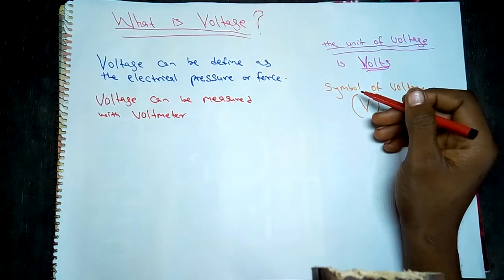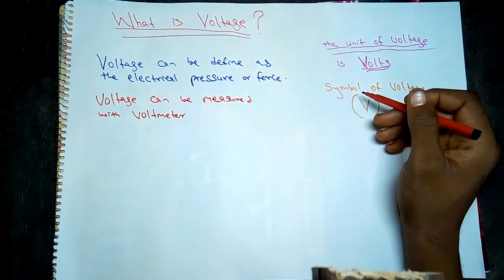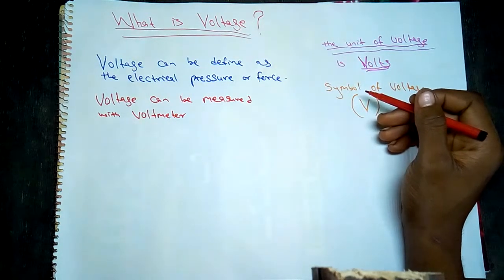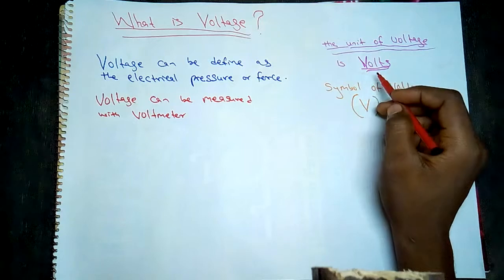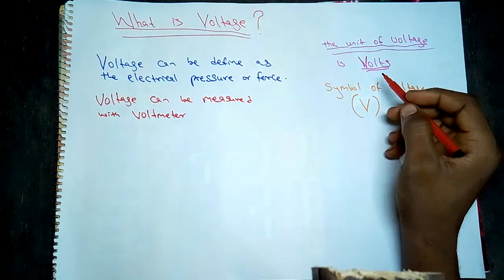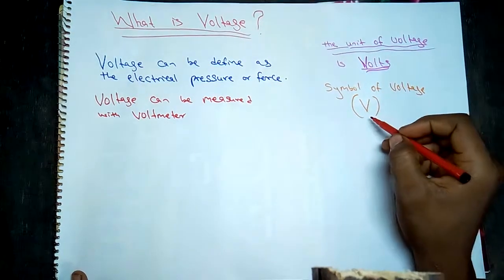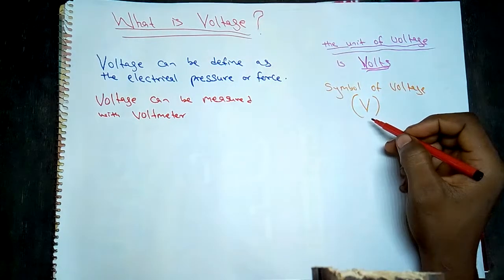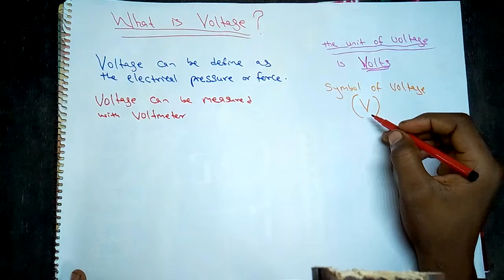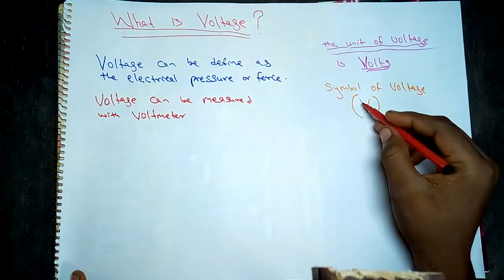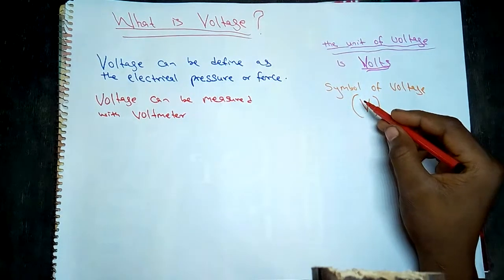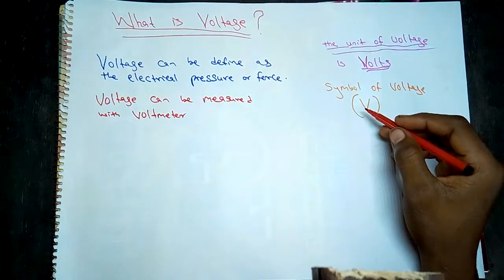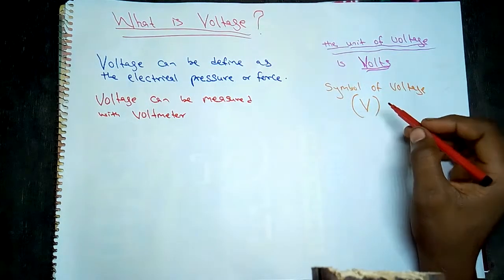You might be hearing about volts. Some will say voltage, some will say volt. They're all the same. So volt is the unit, and the symbol is the letter V. We have two or three symbols that represent voltage. V is the standard international one, which is commonly known.